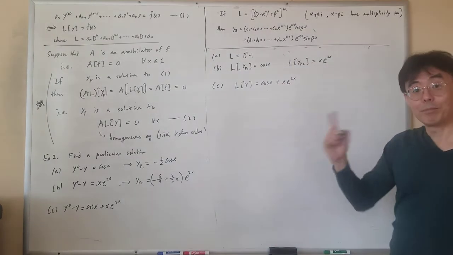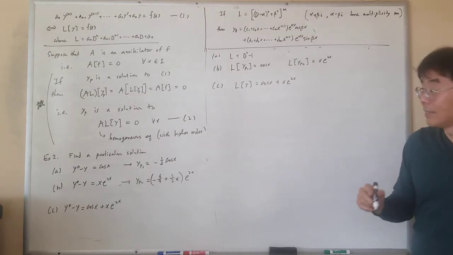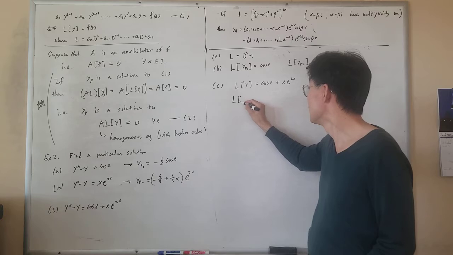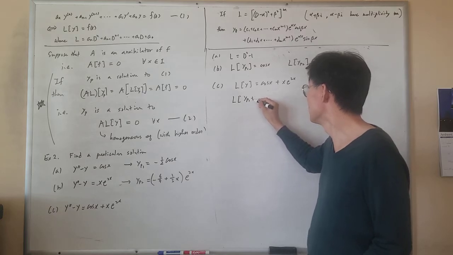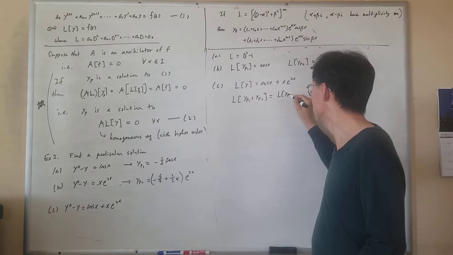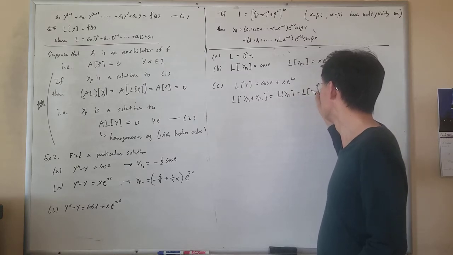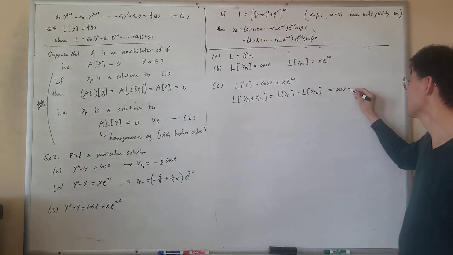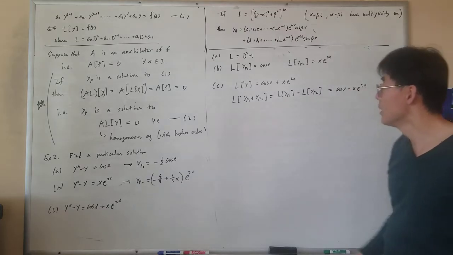You remember the superposition principle of the non-homogeneous case, the general case, that is yp1 plus yp2. Because it's a linear operator, it must be cosine of x plus x times e to the 2x.